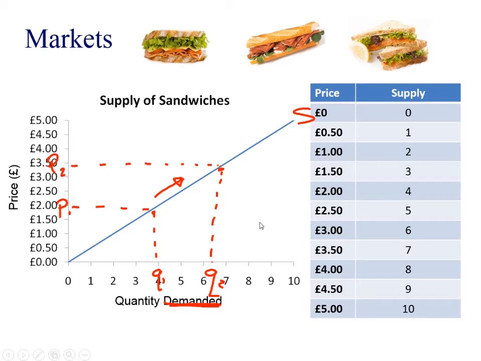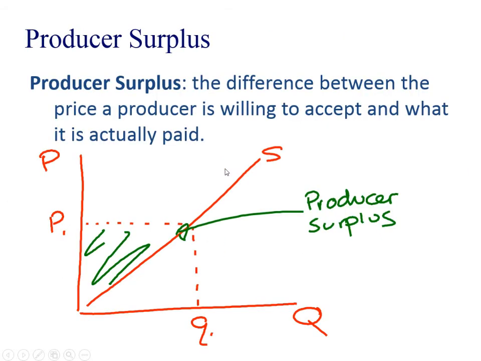So a positive change in taste and fashion, or population growth, or positive change in the weather, the type of weather that would increase the demand for sandwiches. And what else? We could have a fall in the price of a complement, or an increase in the price of a substitute. So that would cause demand to shift outwards, and that would cause a movement along your supply curve.